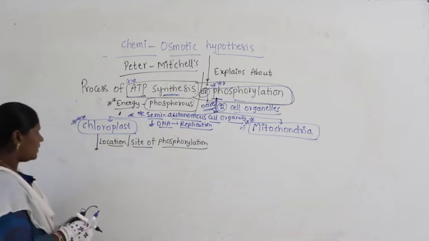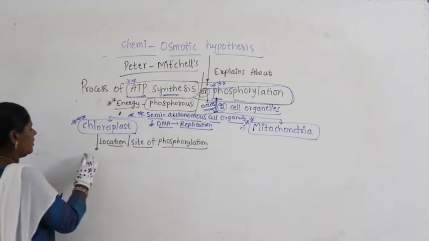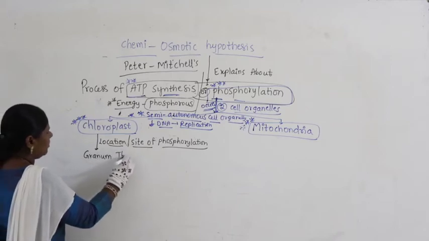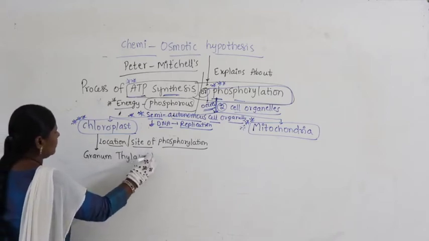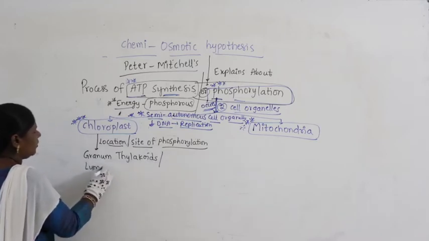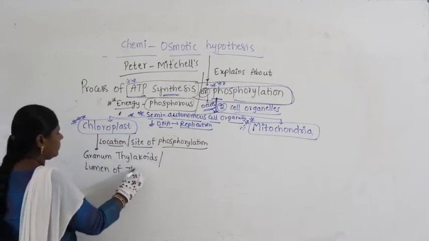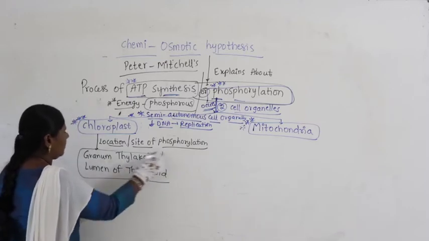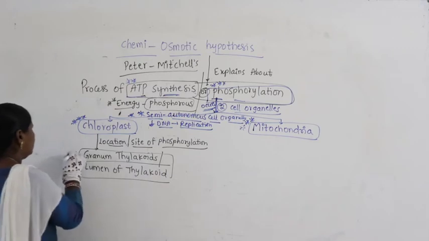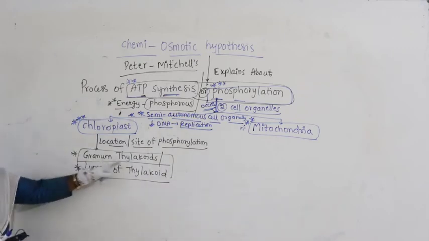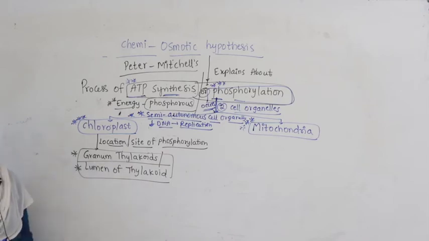Then what do we say, that is granum thylakoid, or we say lumen of thylakoid. Okay, granum thylakoids, or we say lumen of thylakoid.